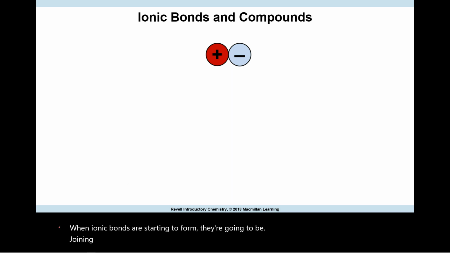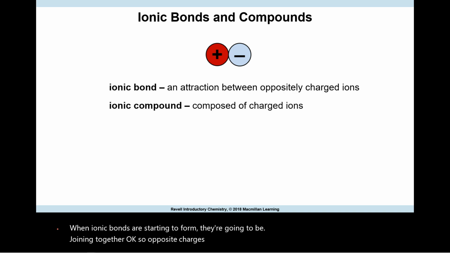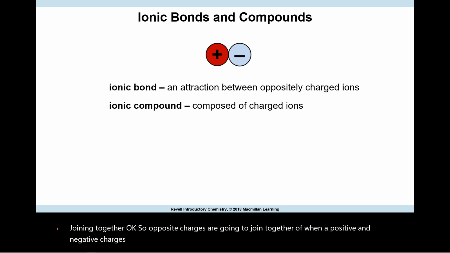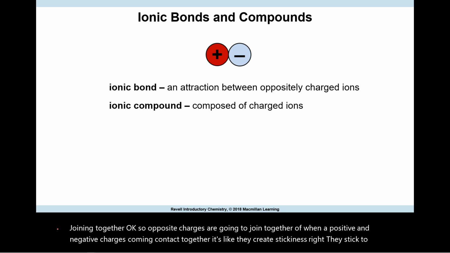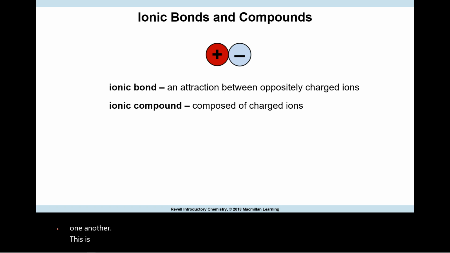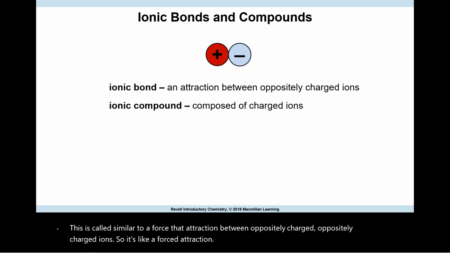So opposite charges are going to join together. When positive and negative charges come in contact together, it's like they create stickiness, right? They stick to one another. This is similar to a forced attraction between oppositely charged ions. So it's like a forced attraction, okay?